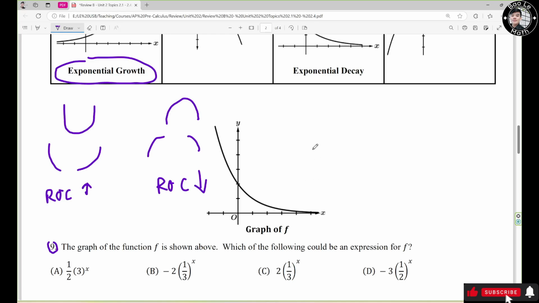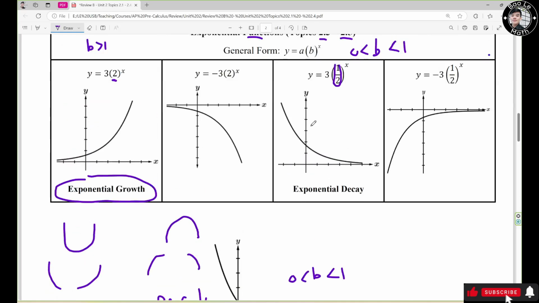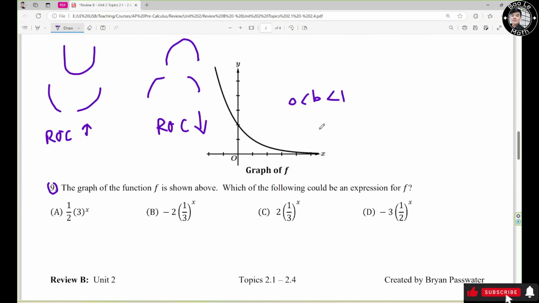So b must be greater than 0 and less than 1, so we're going to eliminate A. Now look at B. There is a negative sign in front of a, so there should be a reflection over the x-axis, so we need to eliminate B. Now look at D, there is a reflection, so we need to eliminate D. Only C is correct.